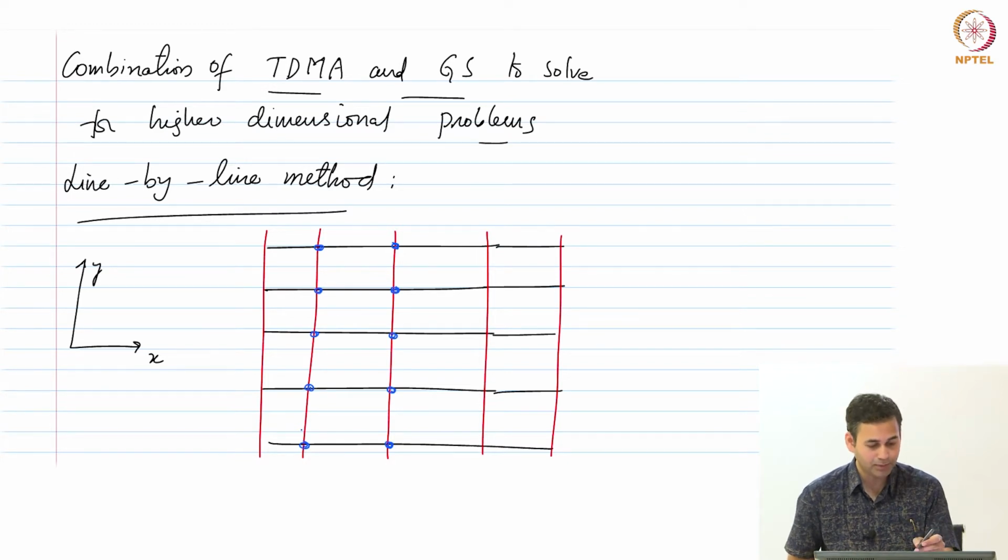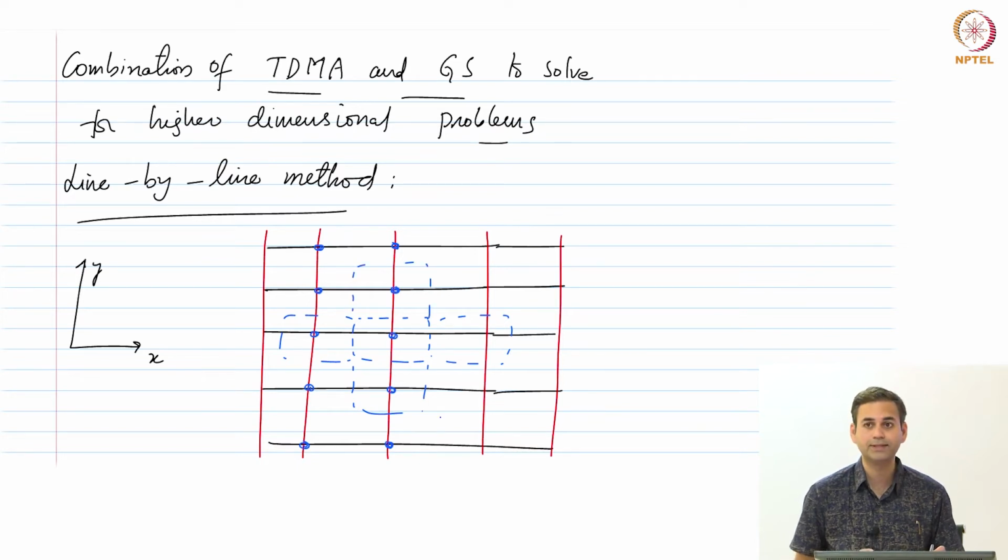Okay, that means my actual cells are, for example, if you are talking about a P cell, the P cell is somewhere here, right, and the E cell is somewhere here. This is the West cell. So we have connected all of these using these lines as the lines that connect the cell centroids, fine. Now we have two sets of lines, one is the black lines which are horizontal, and the other set of lines is vertical, which are the red lines. Now what we do is we solve the TDMA along the red lines, okay.